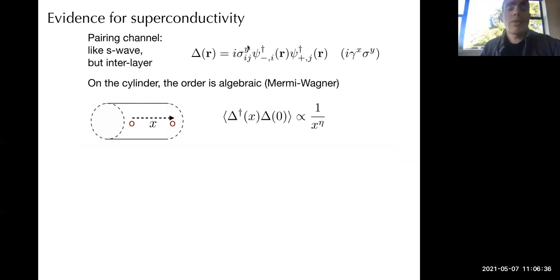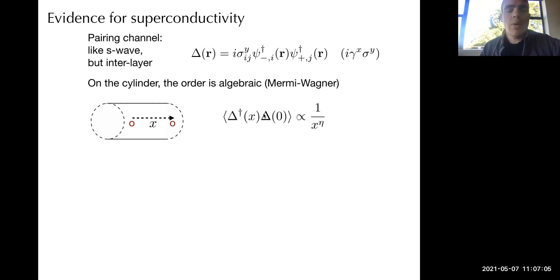When you write down the form of the Cooper pairs, it's pairing electrons which are directly on top of each other. And the two electrons in the pair, there's going to be one in each layer. I don't know if I want to call it spin singlet because the two electrons are in different layers, but it pairs up and down spin in the way we're familiar with. Okay, so this is the order parameter.